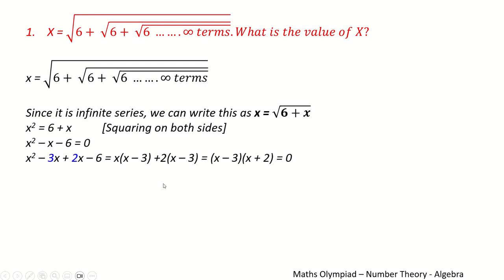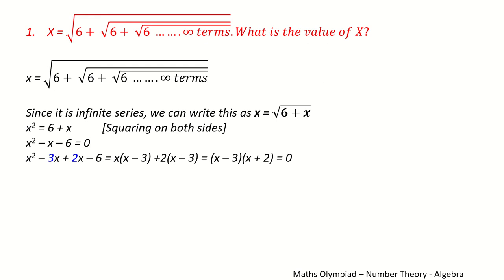If you square both sides, we get x square equals 6 plus x, so x square minus x minus 6 equals 0. This is a quadratic equation. How to solve it? You find the factors of minus 6 whose difference should be minus 1.